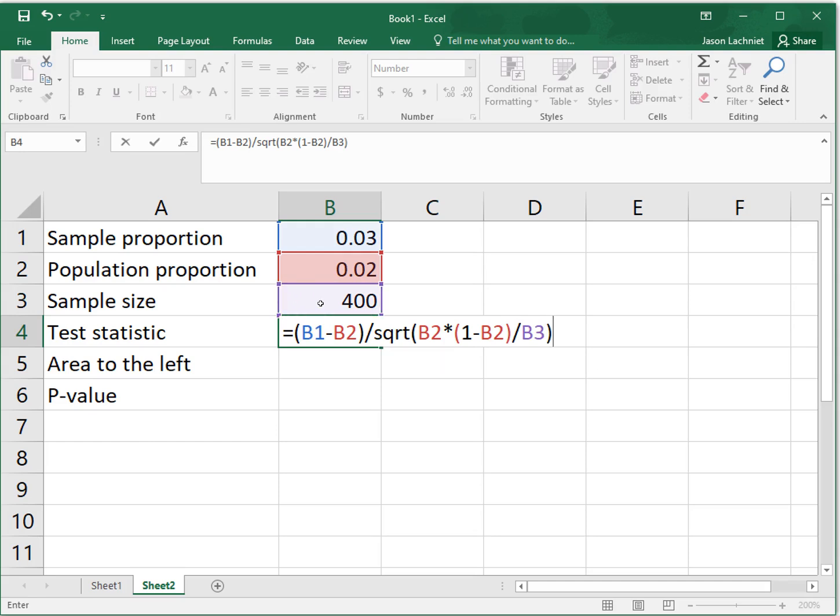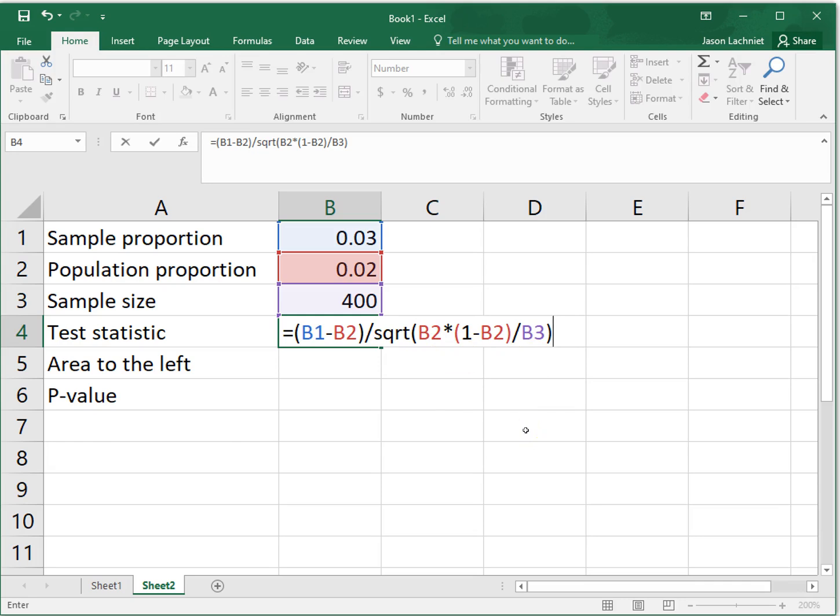So altogether, we've got equals B1 minus B2 in the numerator and square root of B2 times the quantity 1 minus B2 over B3 in the denominator, noting a set of parentheses grouping up those two terms in the numerator, noting that those parentheses for the square root function encompass that entire product, B2 times 1 minus B2 over B3.